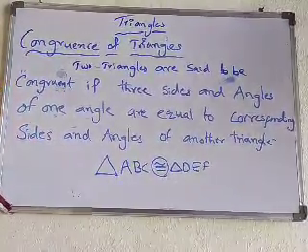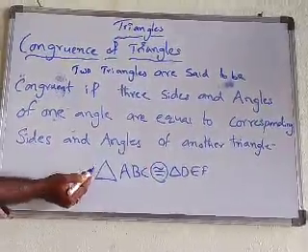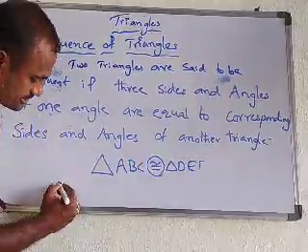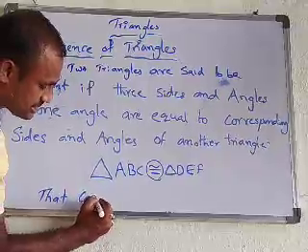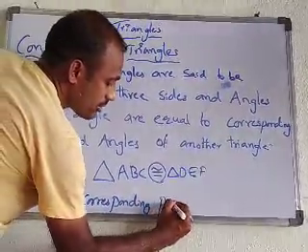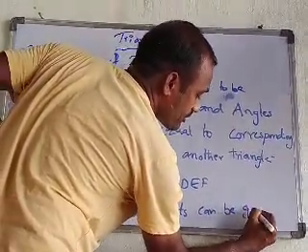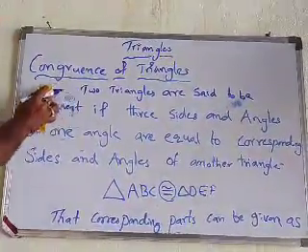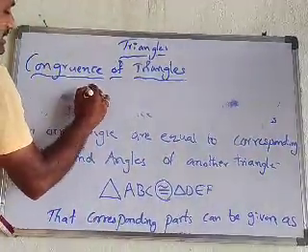Now let us see what are the different types of criteria of congruency of triangles we have. Previously, before going to that topic, we have said corresponding parts. That corresponding parts can be given as CPCT.